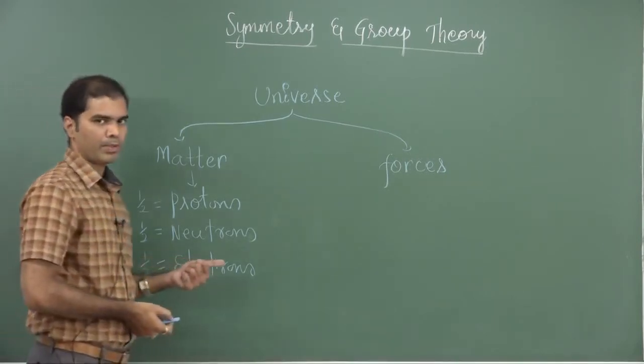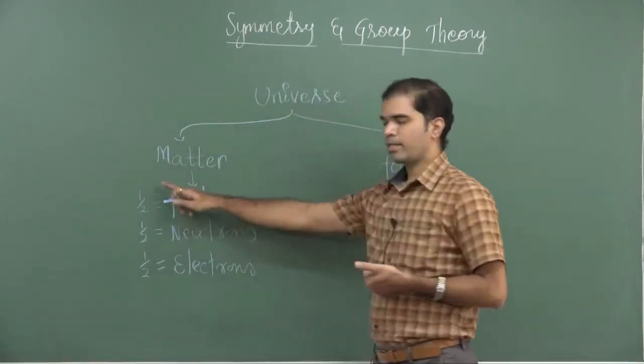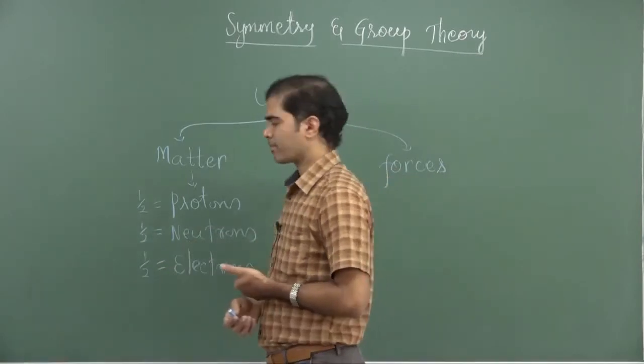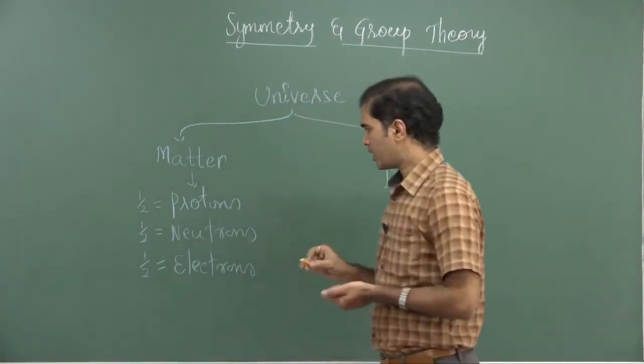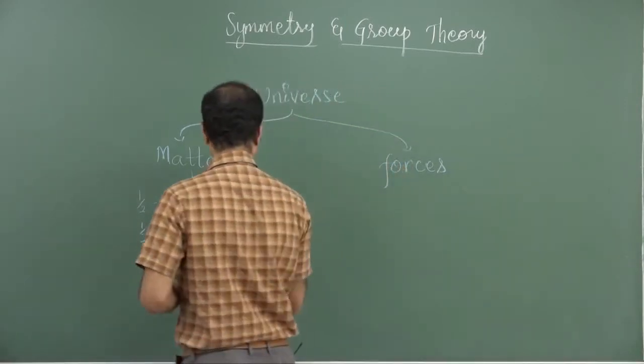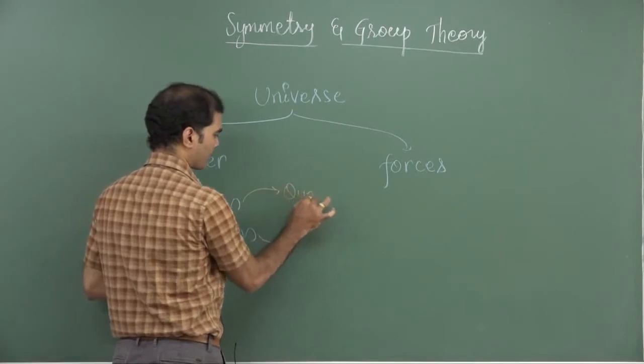Whether I take a proton or a neutron or an electron, all these are spin half particles, or you say spin 1/2 particles. Now if I particularly consider a proton or a neutron, a proton or a neutron is further made up of 3 quarks.